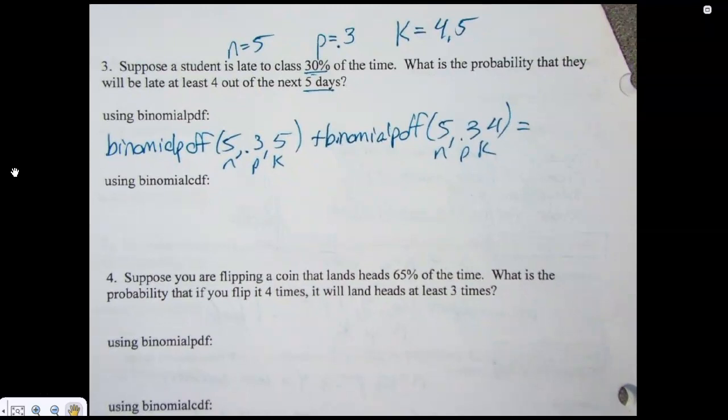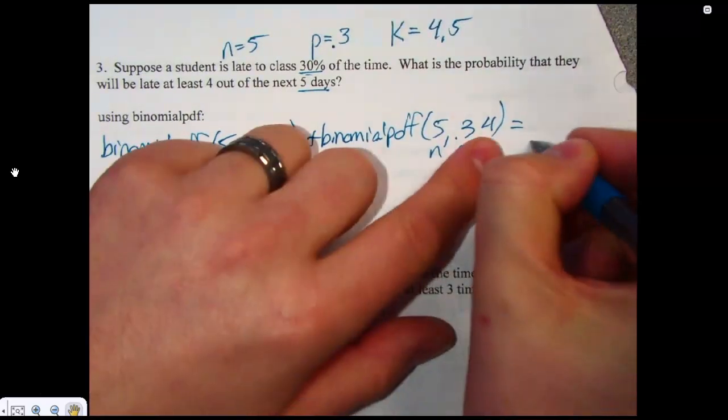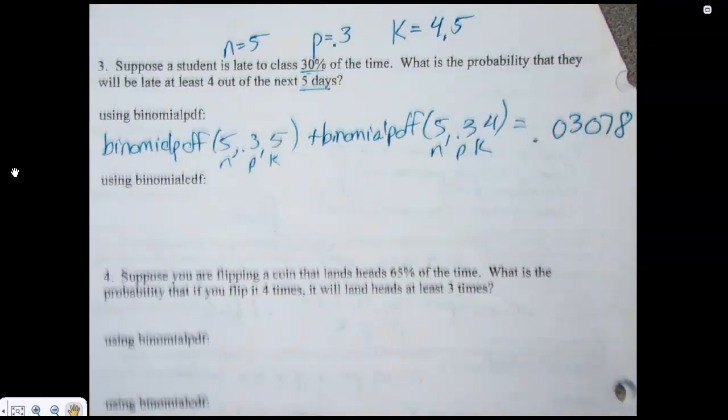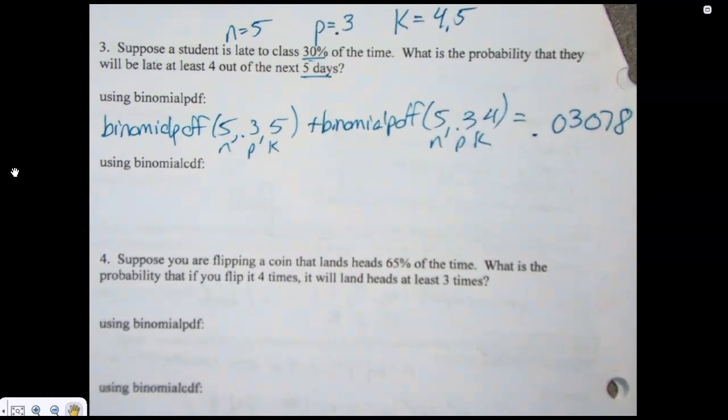And add those 2 up. And I don't even care about typing it in, I just want you to write it. I mean, I guess we can. I'm going to type it, so let's roll with it. So I get 0.03078. You can save.